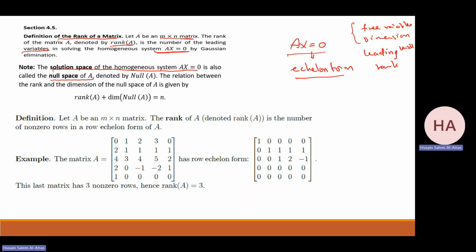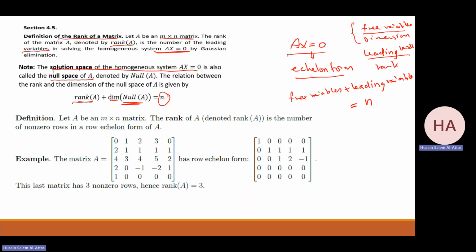And since the free variables and the leading variables will give me all the variables, which is n, the number of columns, because the equations are represented by the rows and the columns represent the variables, free variables plus leading variables will give me the total number of variables, which is n, the number of columns. So this is what they mean: the rank of A plus the dimension of the null space, null of A, is equal to n.